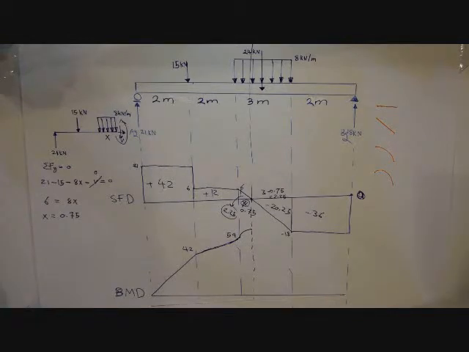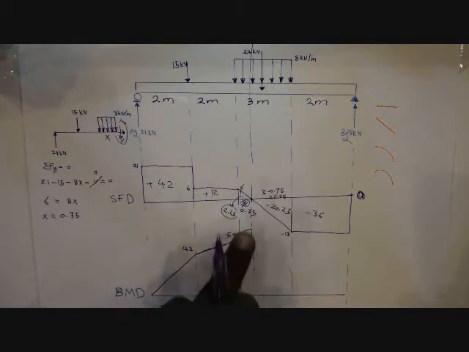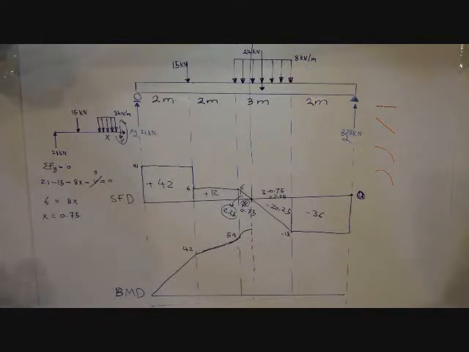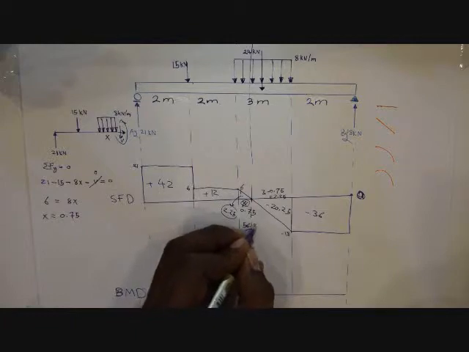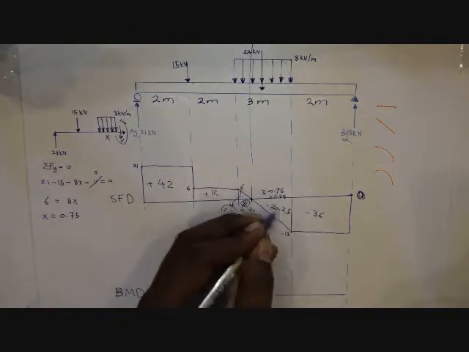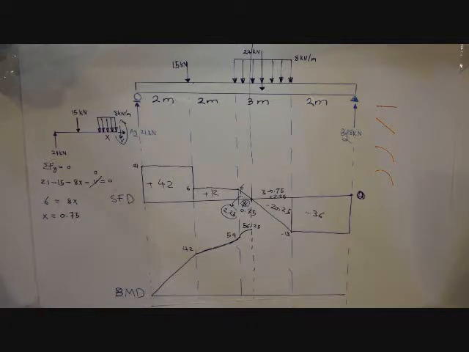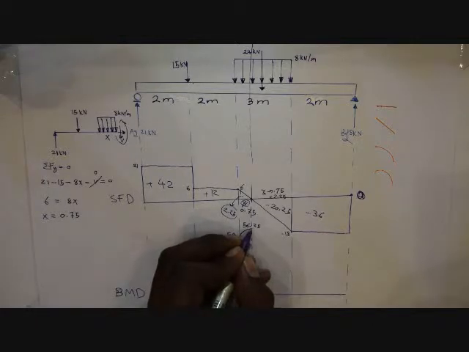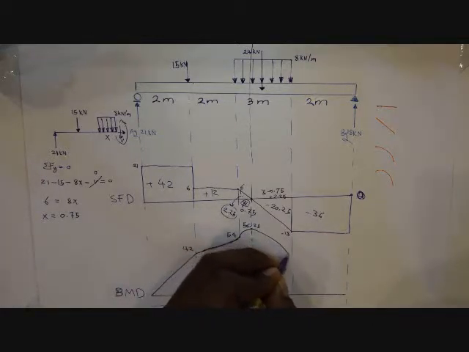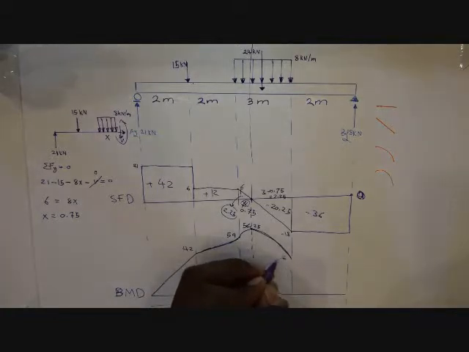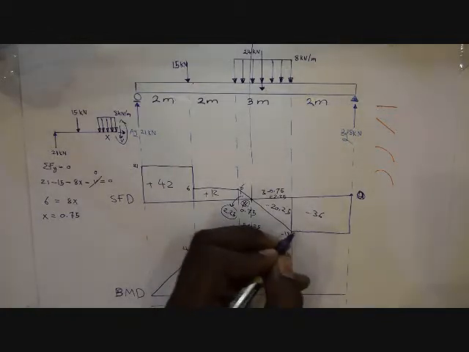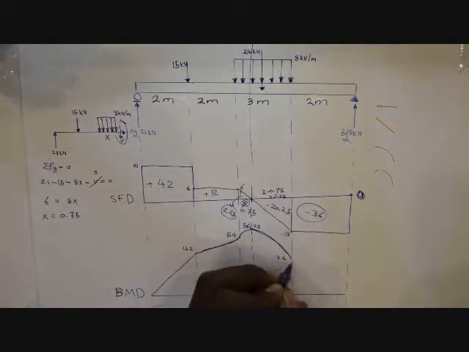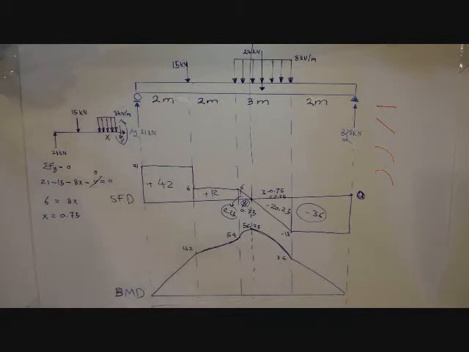54 plus the area 4.5 is 58.5 here, and then we move down 20.25, and we reach 36, and then bam, we reach 0.